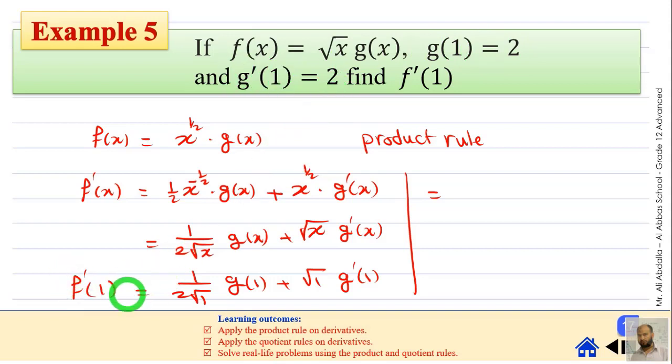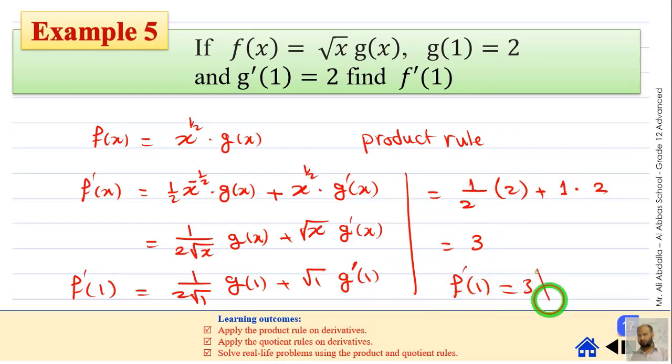Then we can substitute: 1/2 times g(1) equals 2, plus 1 times g'(1) equals 2. Then we can find the value, 1 plus 2 equals 3. Then f'(1) equals 3.